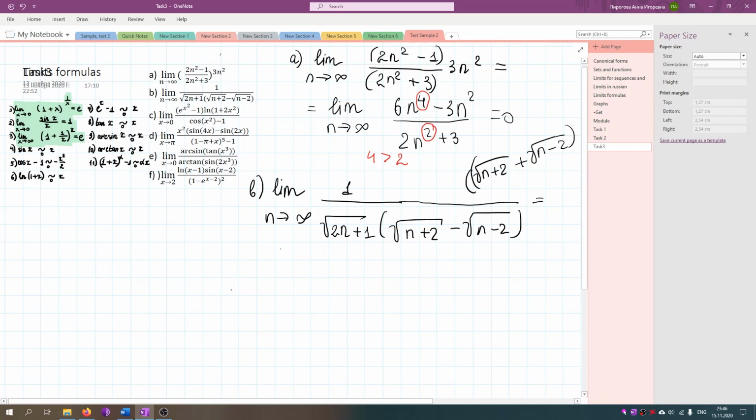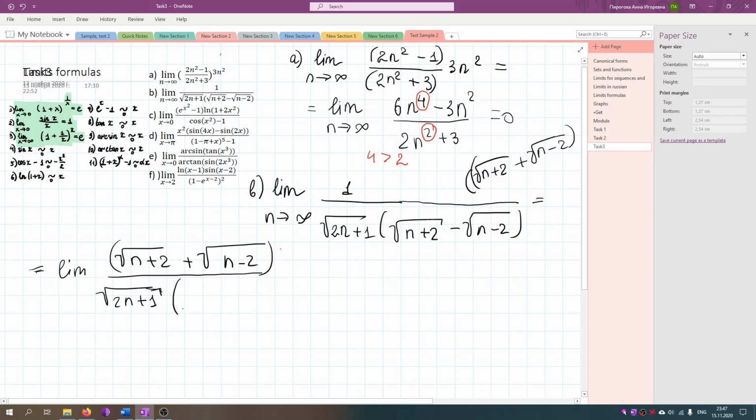Well, we will get the same in the numerator, just this number, and in the denominator we will get 2n plus 1 multiplied by... okay, I'll write the full thing first.